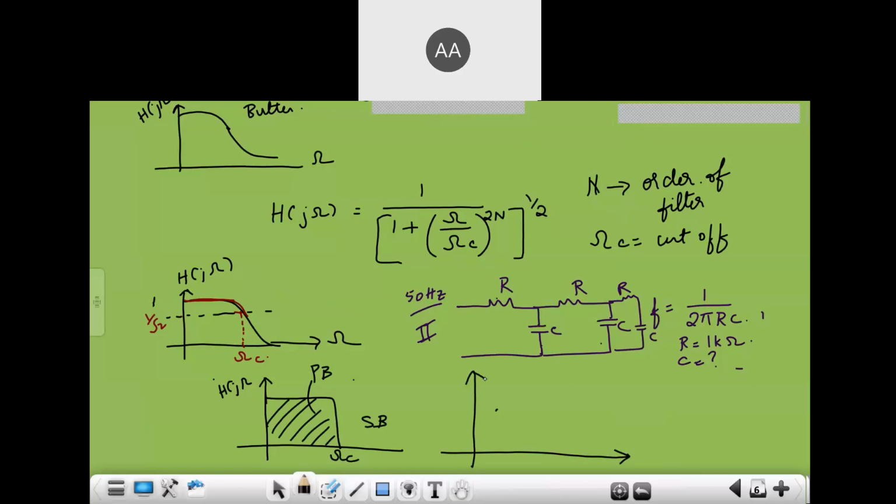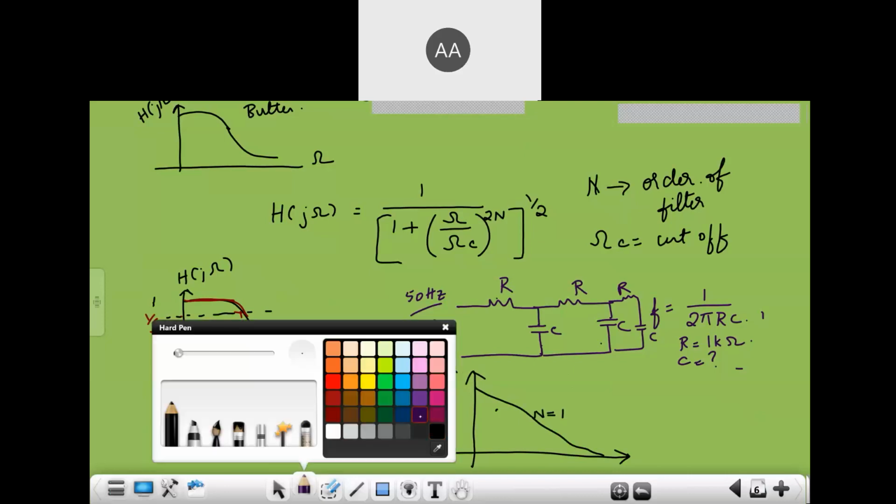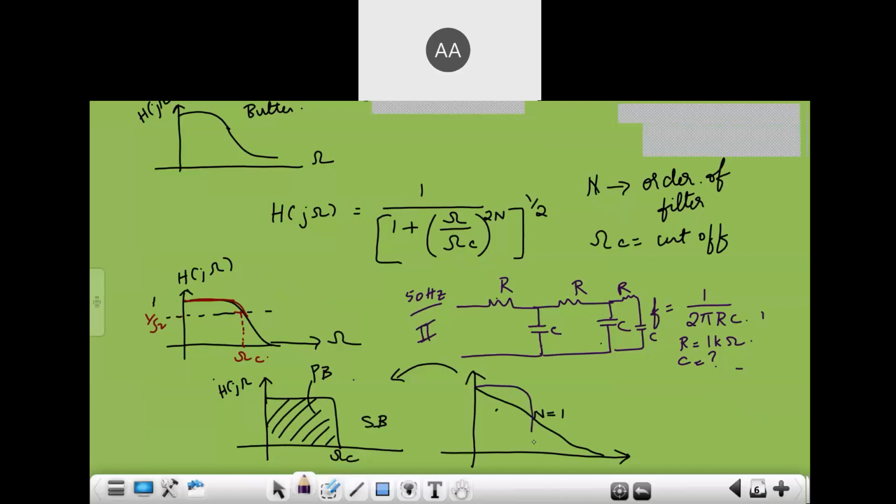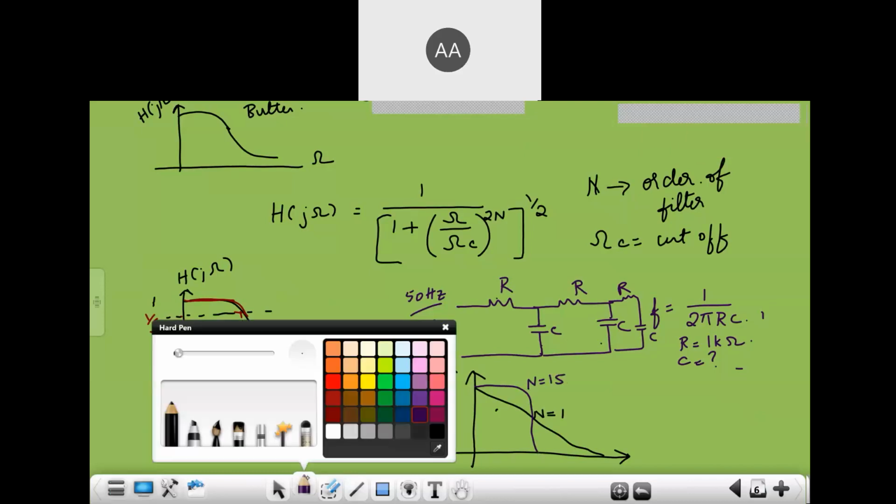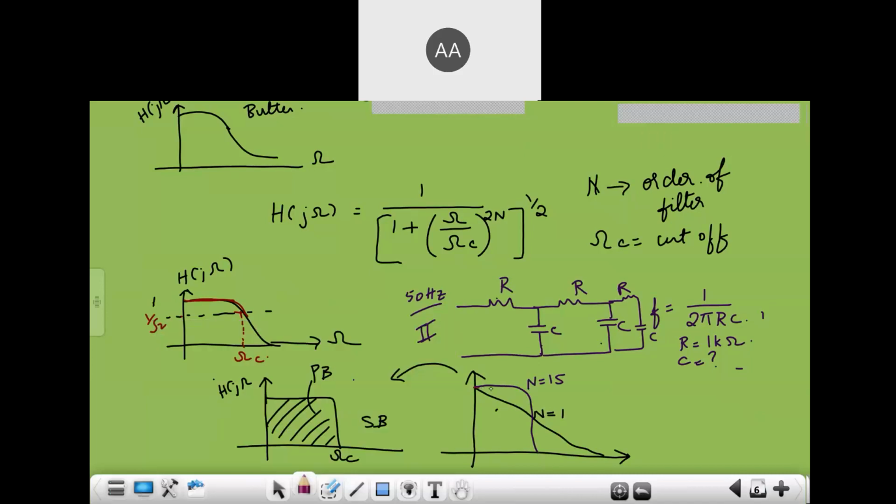So if the order of the filter is increasing, you will approach your ideal characteristics. How is it? Suppose n, the order of the filter, is 1. First order filter means you may get something like this. So this is your order n equal to 1. Suppose some order n is equal to 15. Okay. Suppose n is equal to 20.